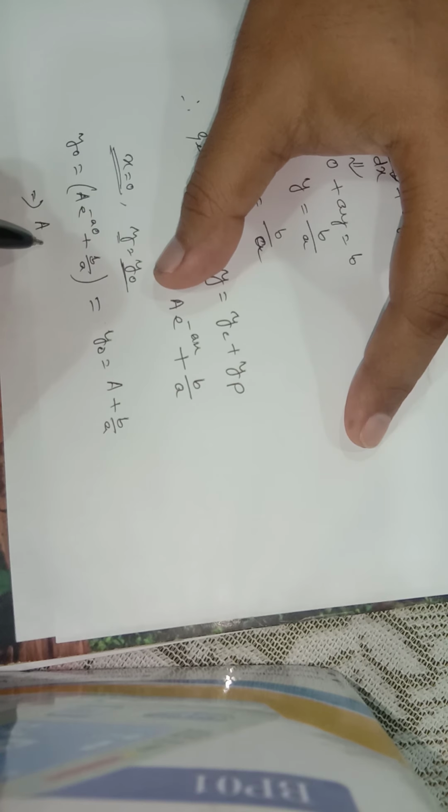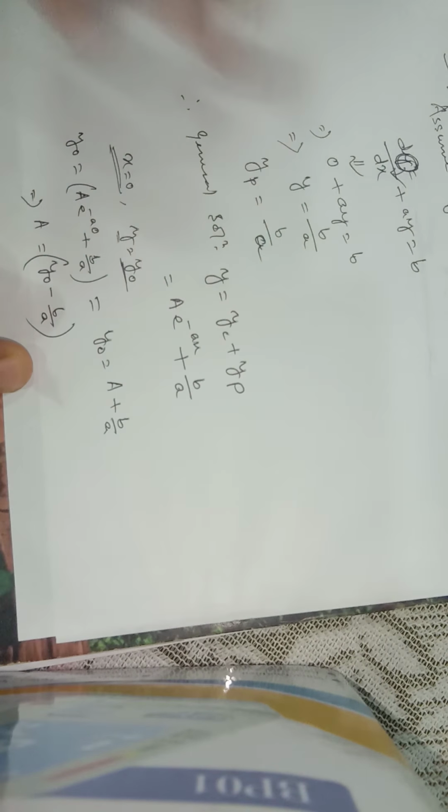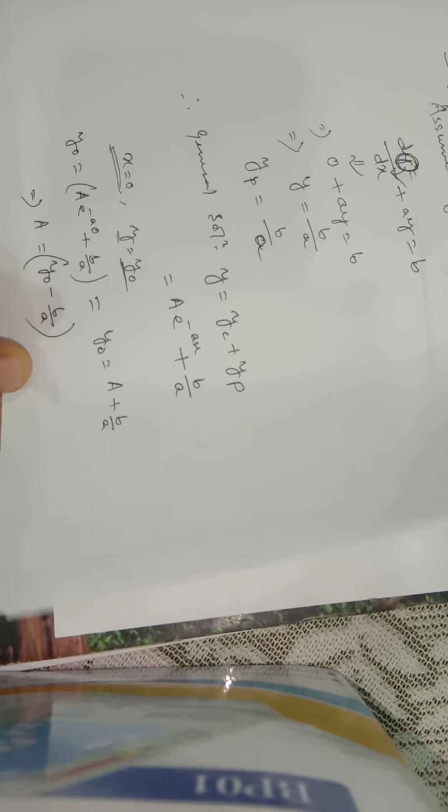Therefore, a is equal to y naught minus b by a.